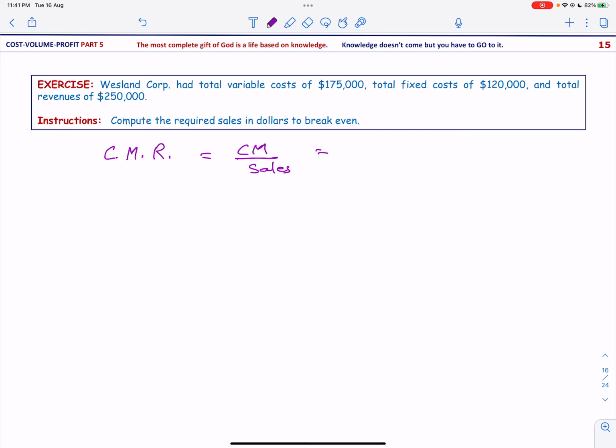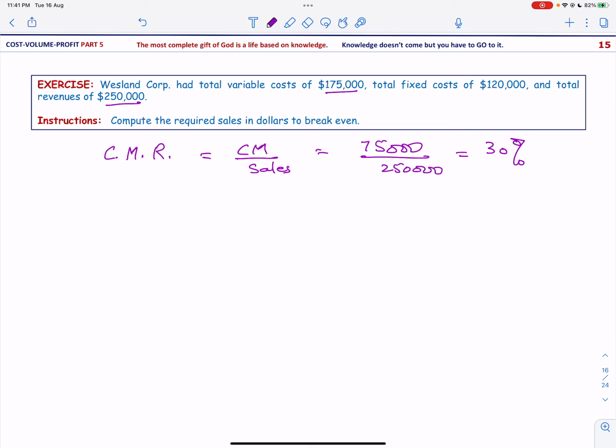So we have the contribution margin of sales minus variable cost, 250 minus 175, that will be equal to 75, and divided by the total sales, that is 250,000. So this is equal to 30%. So the contribution margin ratio is 30%.